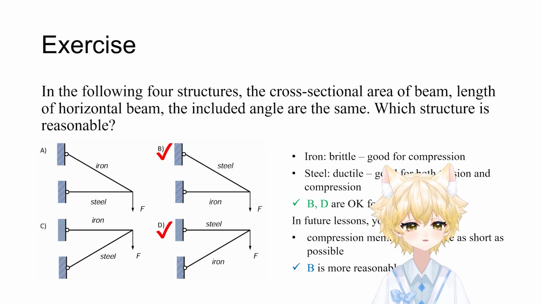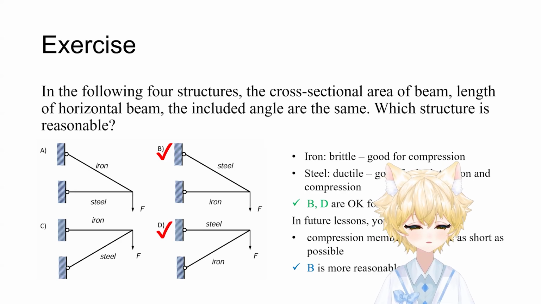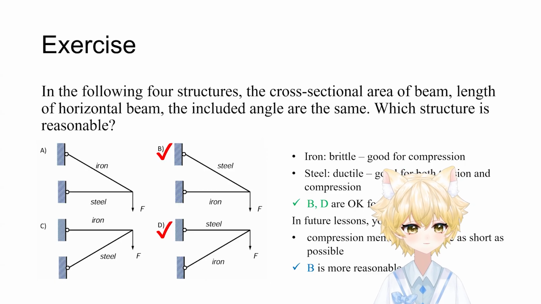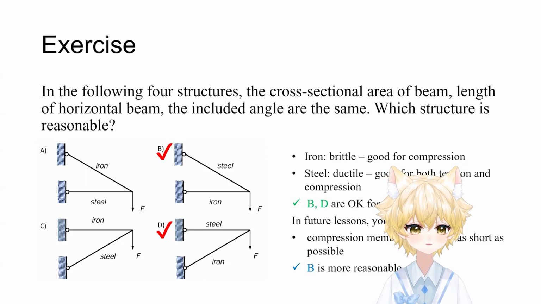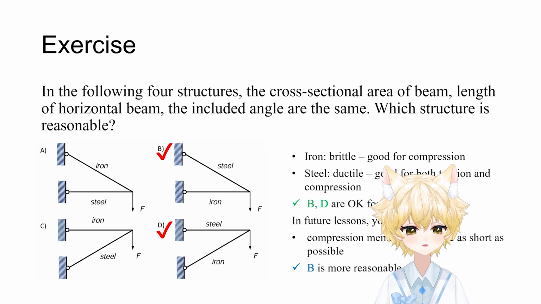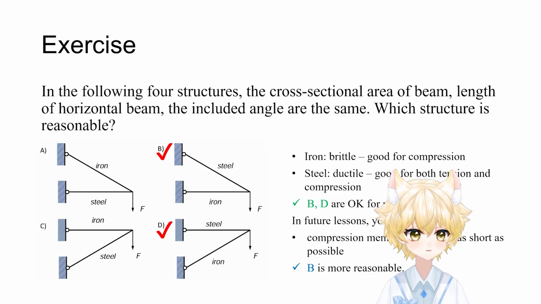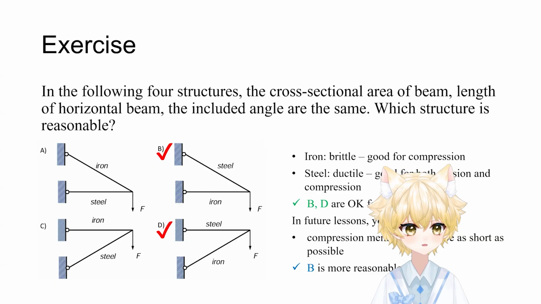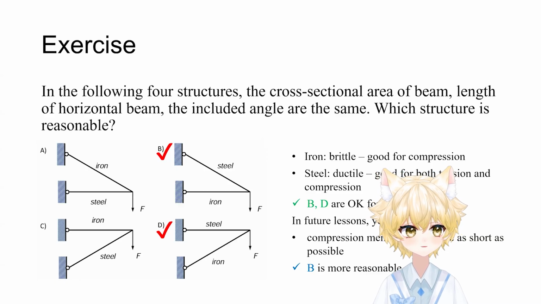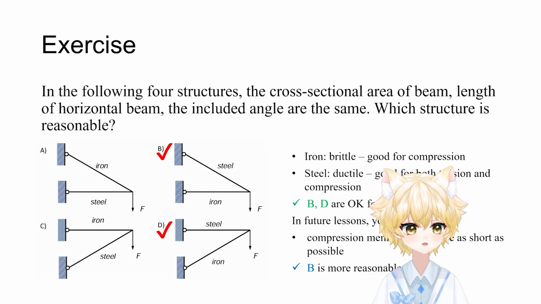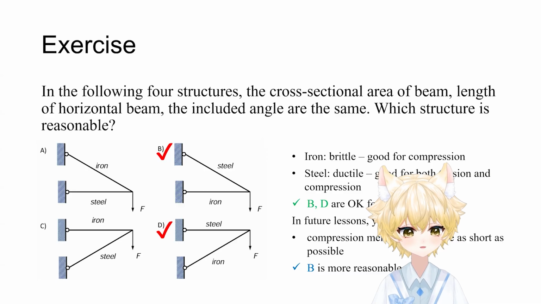Members that primarily carry compression can be made of iron. Members that carry tension should be made of steel. Using this reasoning, structures B and D are acceptable choices because the upper beam is usually under tension and the lower beam, the horizontal beam, is typically under compression, right?